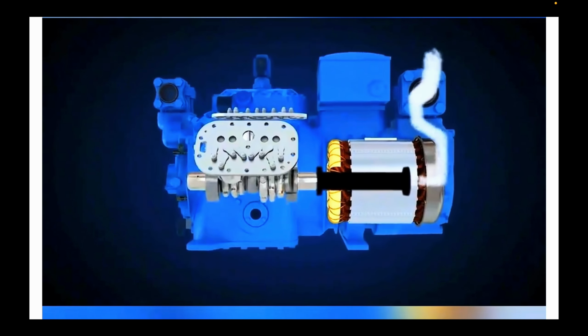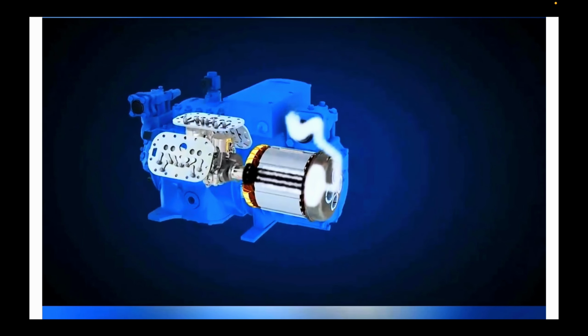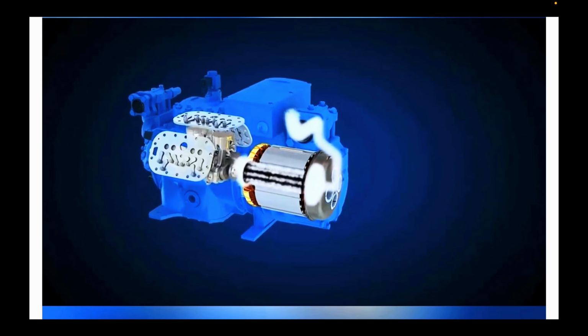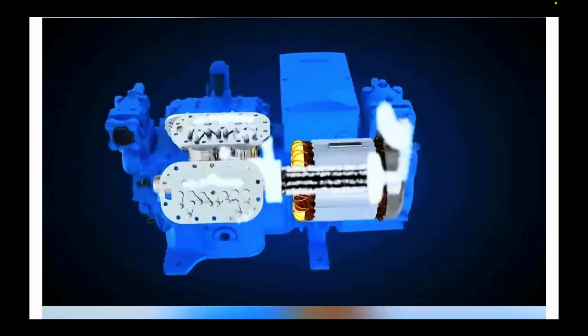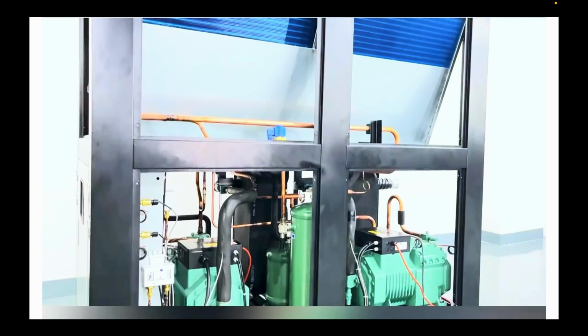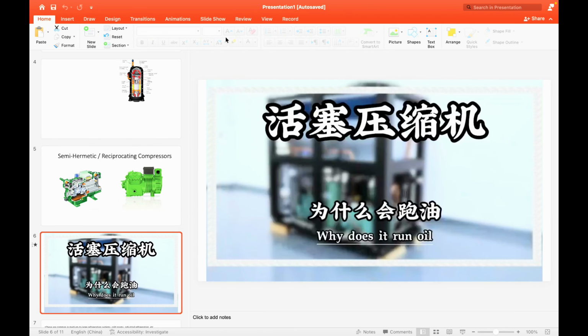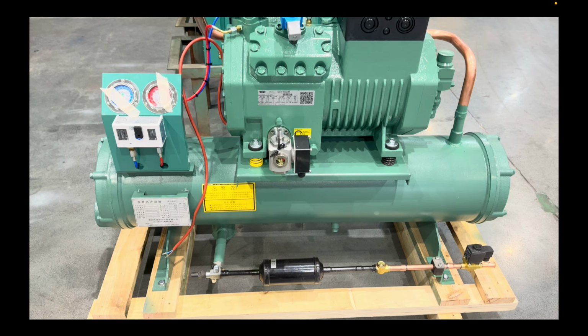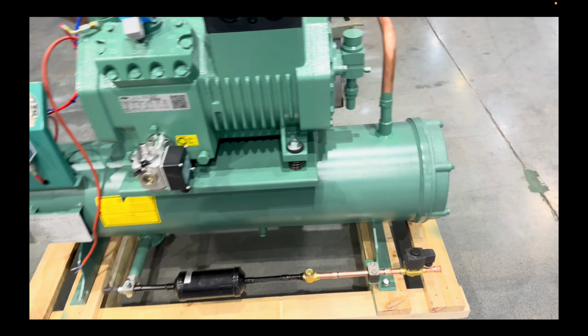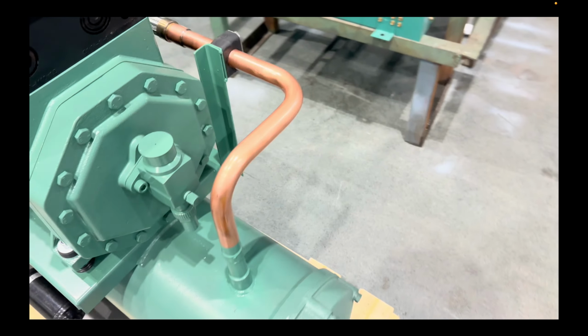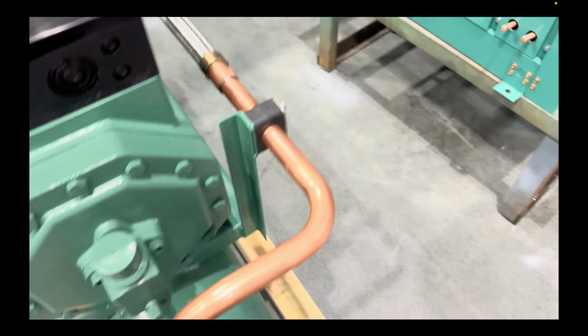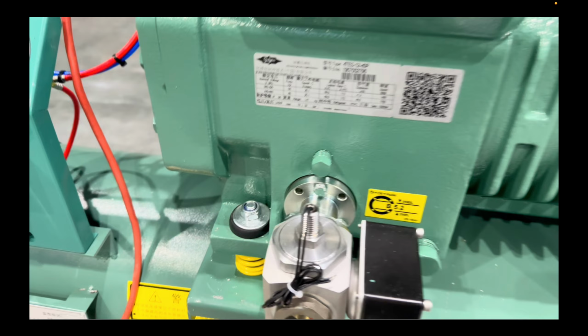The gas or refrigerant goes in through the suction line and is then compressed. Semi-hermetic compressors use pistons and cylinders to compress the refrigerant. It's similar to a car engine, guys.